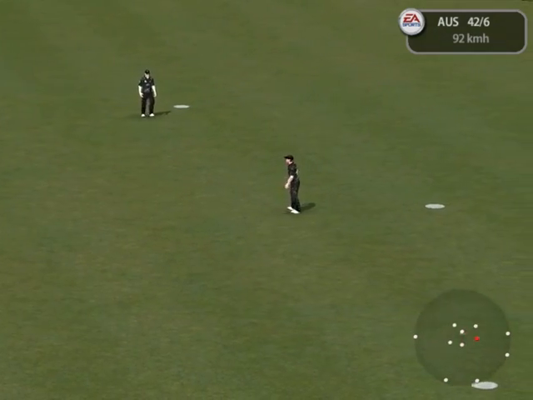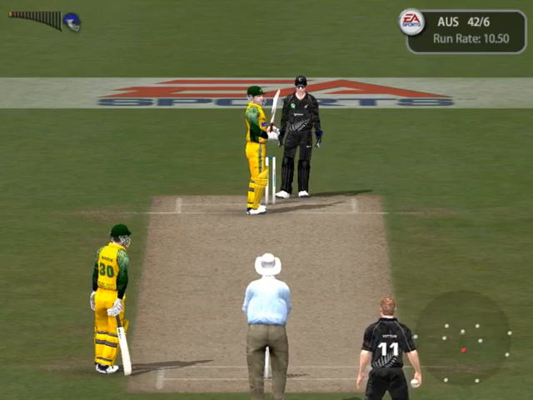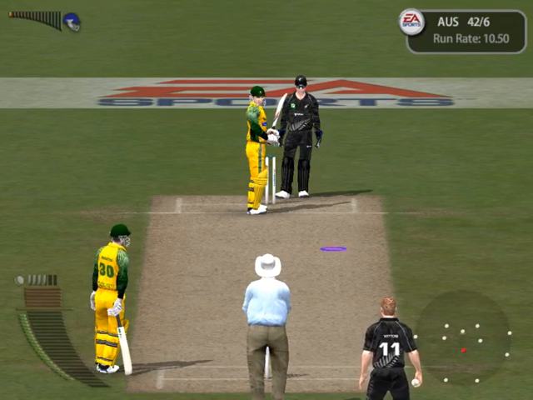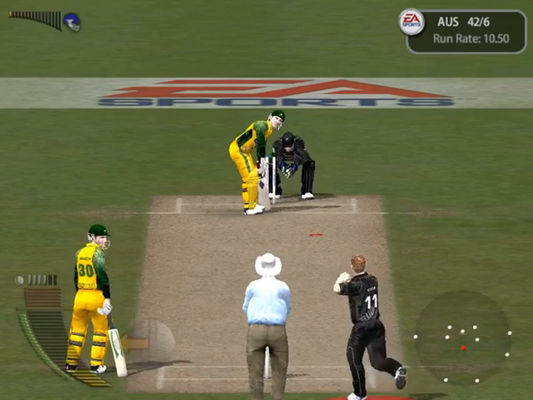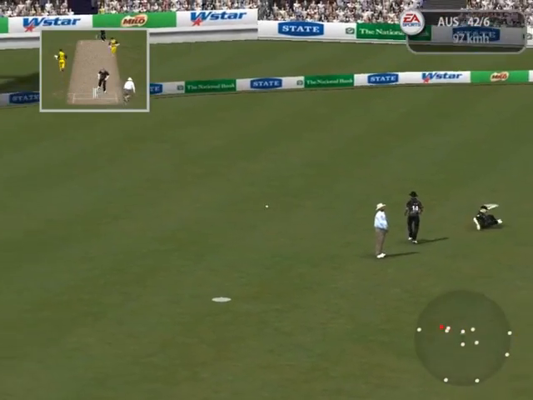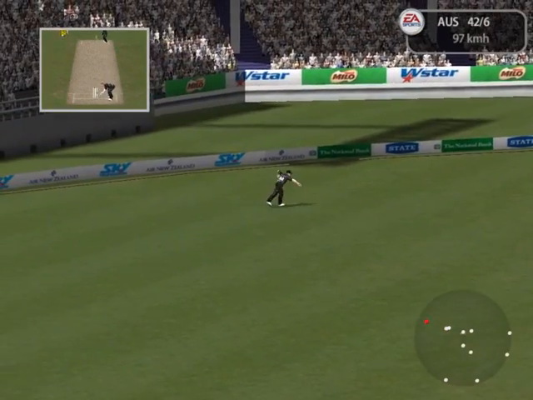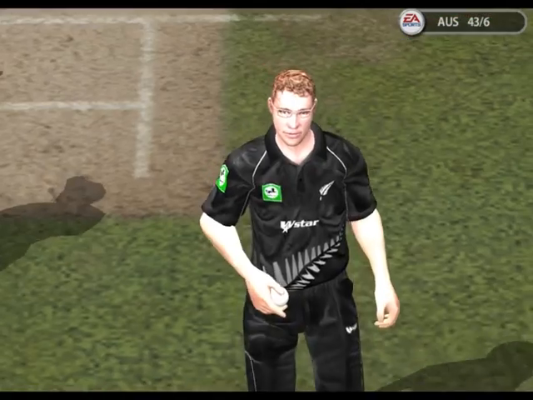Stopped by Sinclair. Vettori to Hogg. Swept away. Just one run.